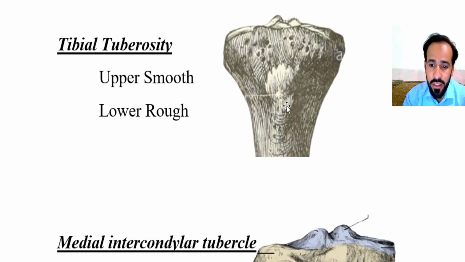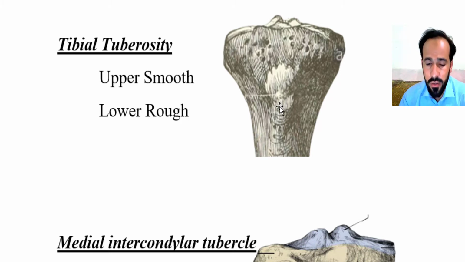What divides the tibial tuberosity into an upper and lower part? There is the epiphyseal line which will pass through it, and I will show you at the end of this video the epiphyseal line which passes just in the middle part of this tibial tuberosity and divides it into an upper smooth part and a lower rough part, right friends?